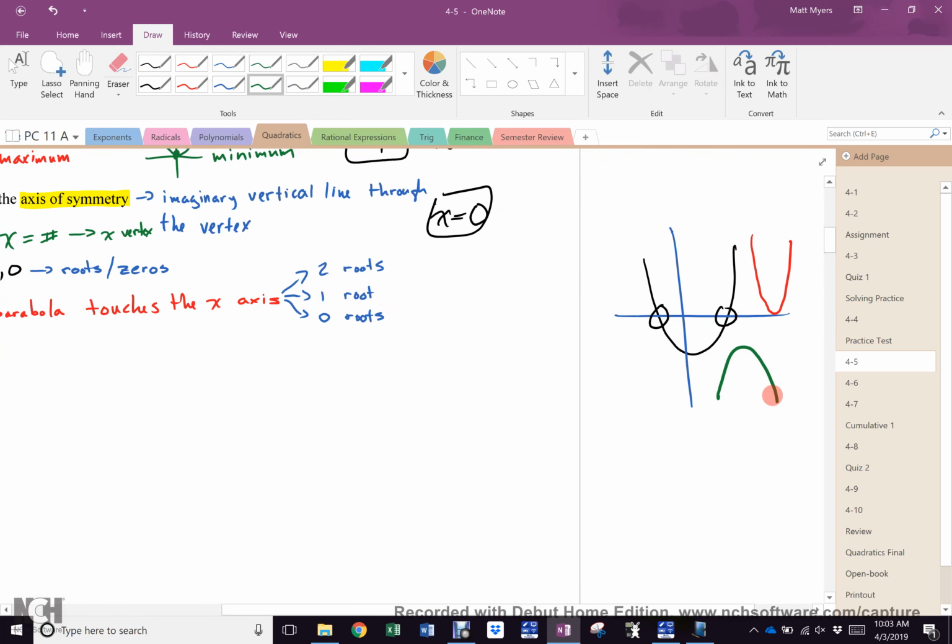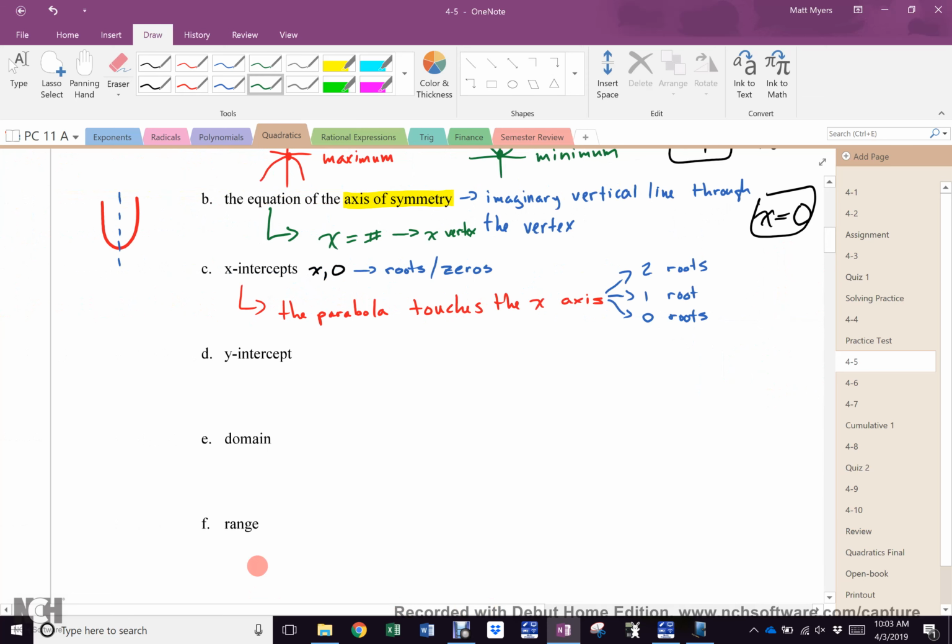Okay. So in our most basic, easiest parabola, how many roots does this one have? 1 root at what point? At 0, 0. Because every point on the graph has 2 coordinates. Everybody still cool?